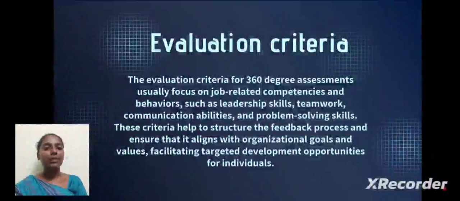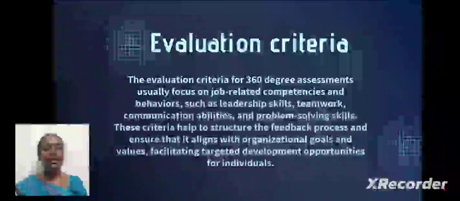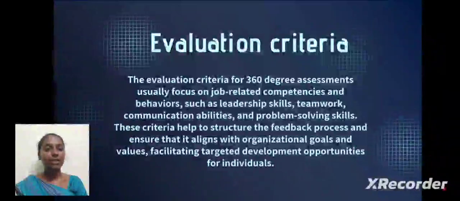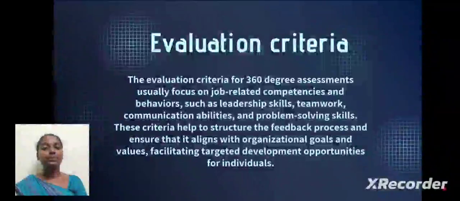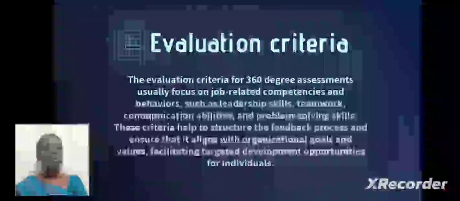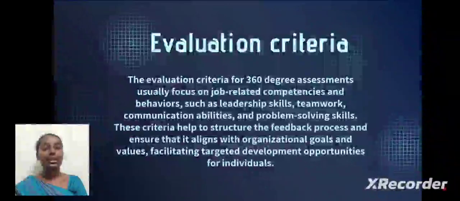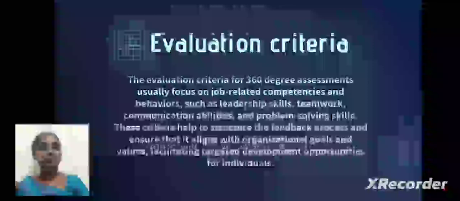These criteria help to structure the feedback process and ensure that it aligns with organizational goals and values, facilitating targeted development opportunities for individuals. It also helps the individual to find out whether they have attained the target that is aligned to their organization or their roles.